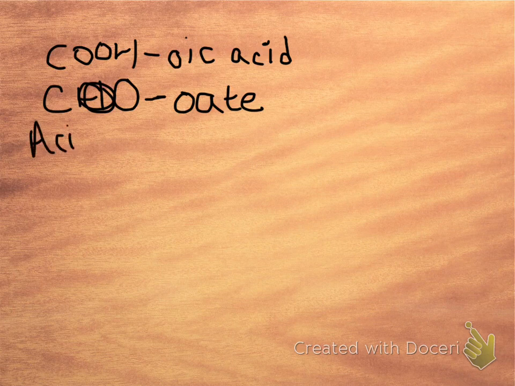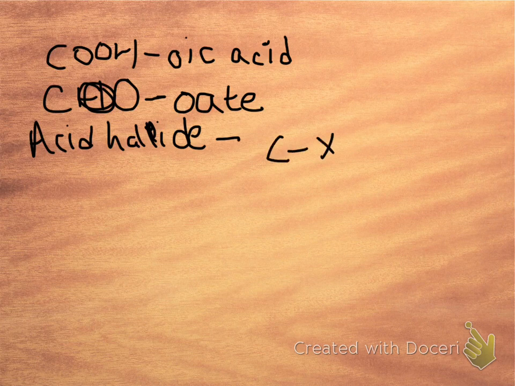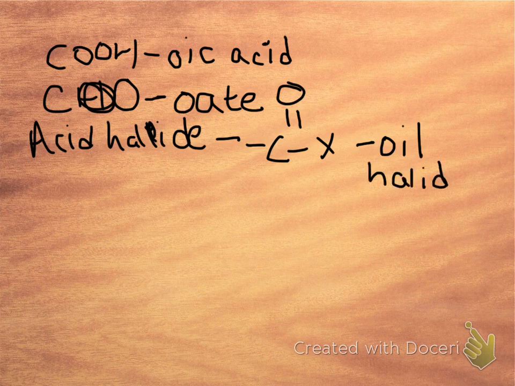Then acid halide, CO X, where X represents the halogen, which is denoted by oyl halide.